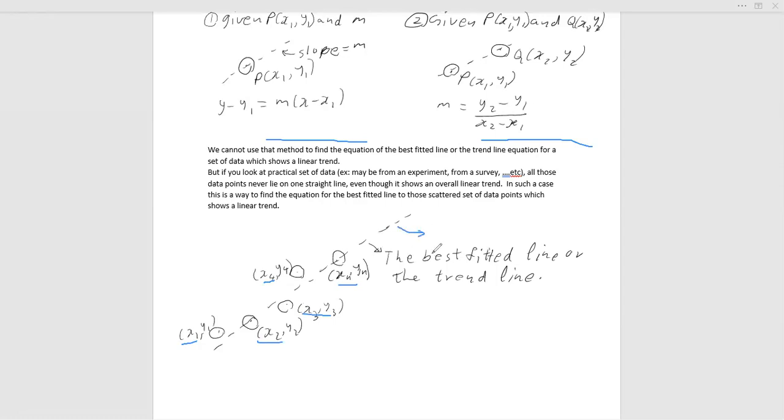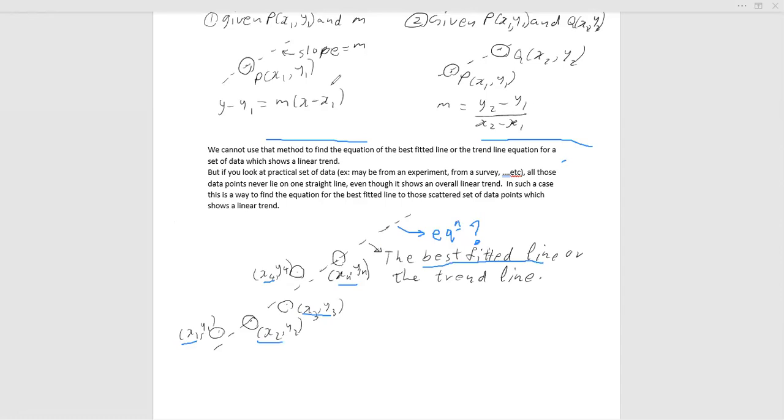This is the best fitted line, or the trend line. We want to find the equation of this line. That's our goal.